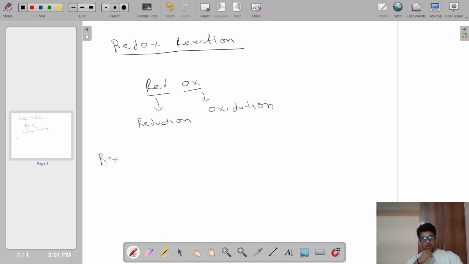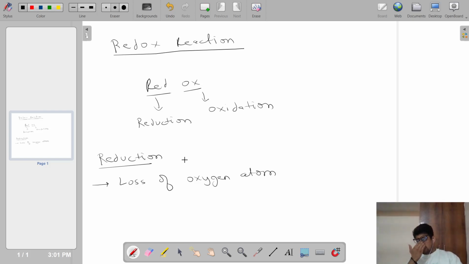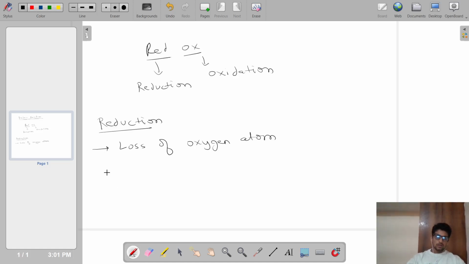So for reduction, they said loss of oxygen atom. So if in any reaction there is a loss of oxygen atom, that is a reduction reaction. That is true, but not all reactions involve oxygen atoms. So how will you decide reduction or oxidation there? The other statement that came up was gain of electrons.